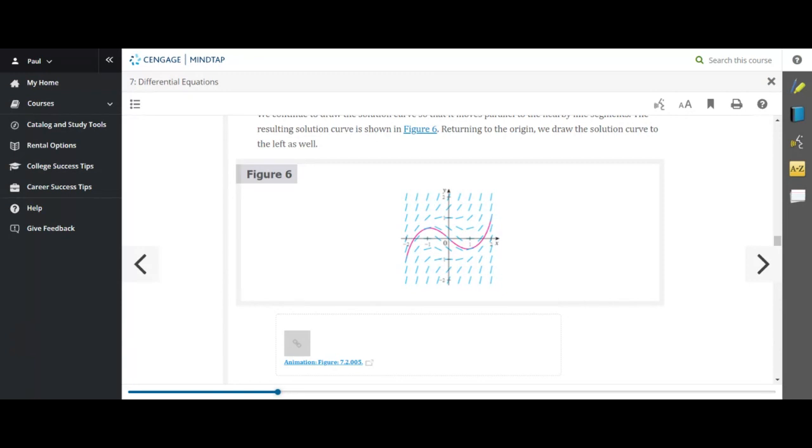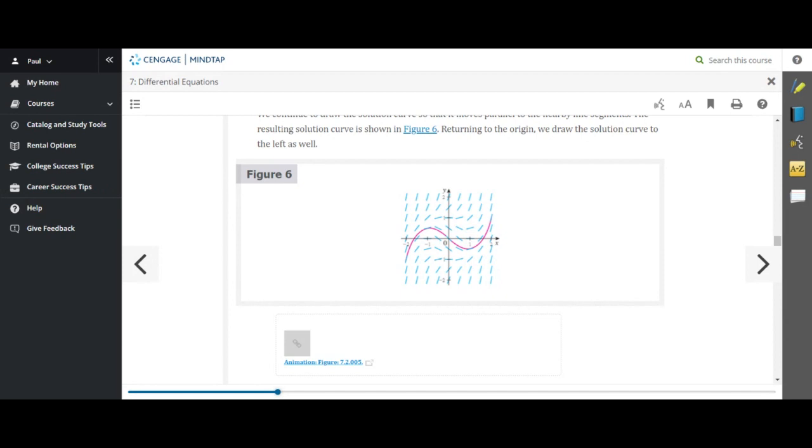They'll give you 4 different direction fields with 4 different solution curves, and you have to pick the one that looks right. The solution curve would have to pass through the origin, and it would have to obey the direction field. See how that works?